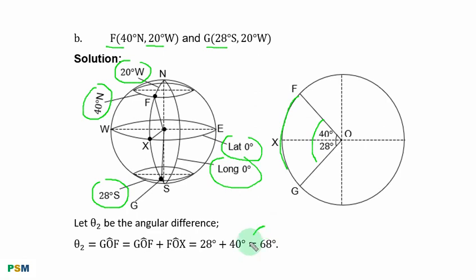You have 68 degrees. In other words, if the two places or points are on different sides of the equator, the same meridian, you have to add in order to get their angular difference.